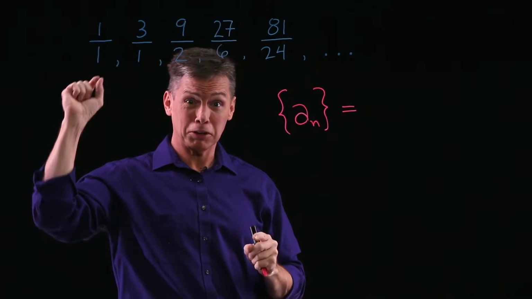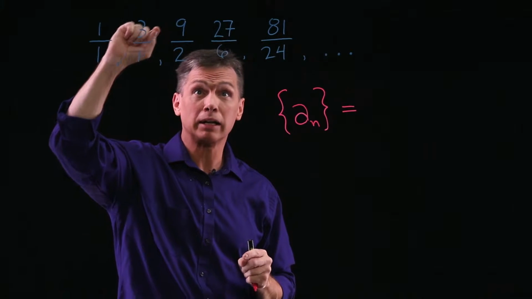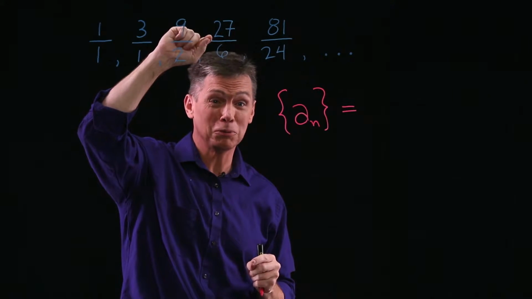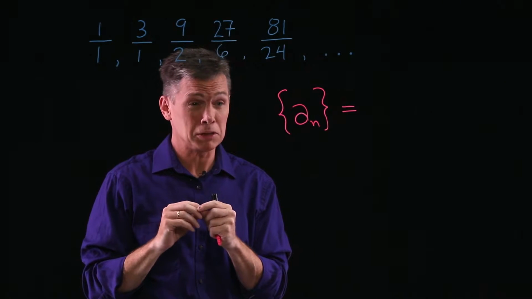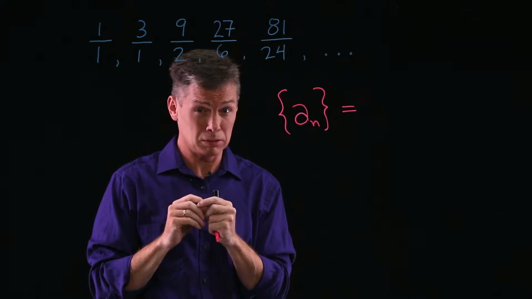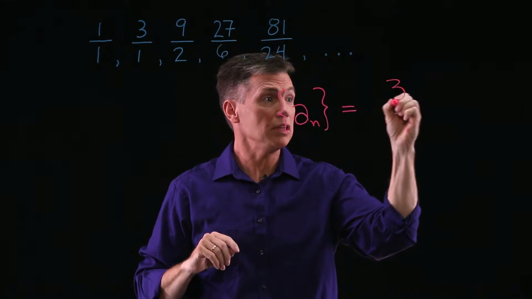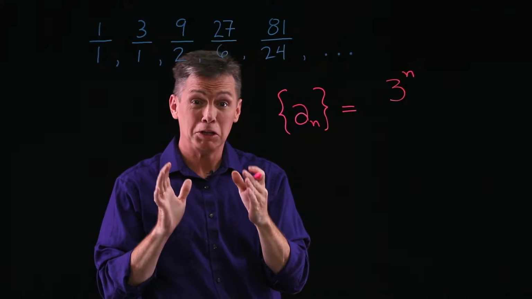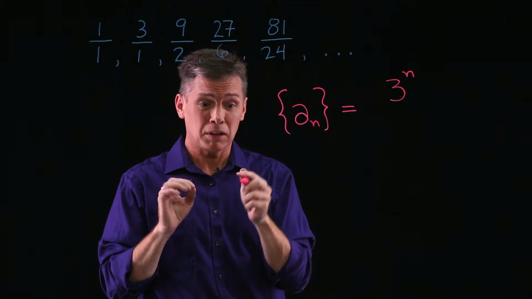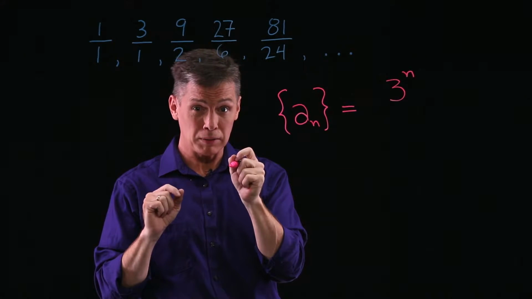All right. Let's take it slowly and look at the numerators. 1, 3, 9, 27, 81. You're looking for a pattern. That pattern to me looks like powers of 3, right? So I think 3 raised to the n looks good. But here's where I need to remember that they wanted my first term to be n equals 1.